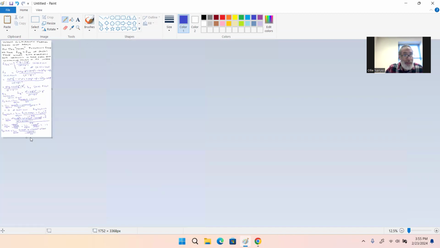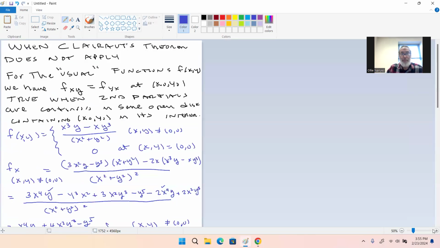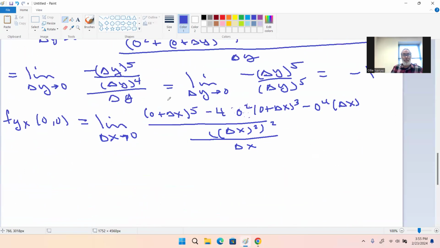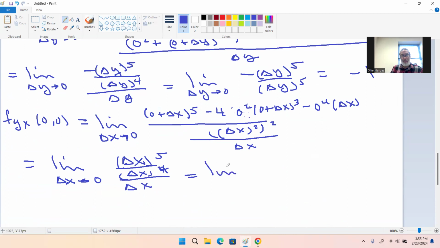And it's a sign that's important. Notice the sign right here. The sign is positive. So we get the limit as delta x goes to 0 of delta x to the 5th divided by delta x to the 4th, all divided by, that's a 4, not a 9, delta x. And then we get delta x to the 5th over delta x to the 5th, and that's positive 1.